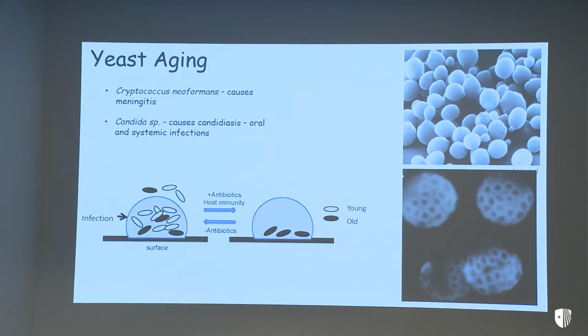The black ones over here are the old cell population, and the white or gray ones are the young cell population. And when antibiotics were given, the antibiotics could clear out the younger ones while the older ones still persisted in the system. So when the antibiotics were removed, these older cells give rise to younger ones and the infections came back.